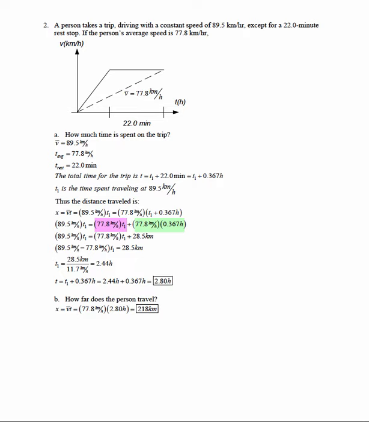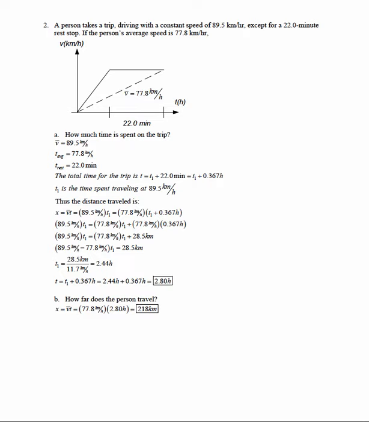Okay, so we've got this times t1, we've got this times this value. So you can see we have both of these terms ready to multiply through. Nothing we can do with this because we still have an unknown t1. So when we do that, we're left with our t1s on both sides, and this simplifies to 28.5 kilometers.